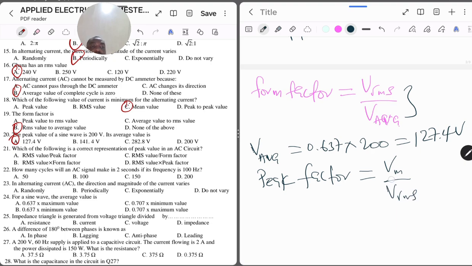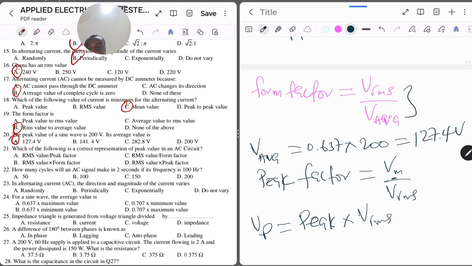So if we make the peak value, which is the same as the maximum value, the subject, you get it equals peak factor times the root mean square value.